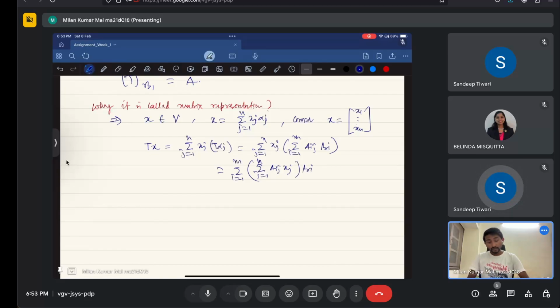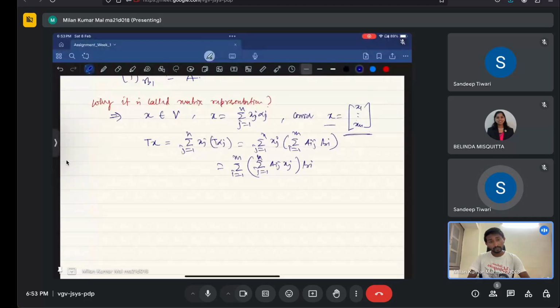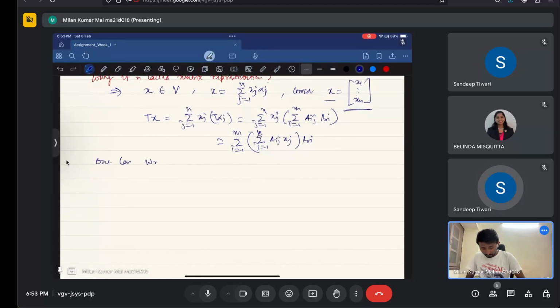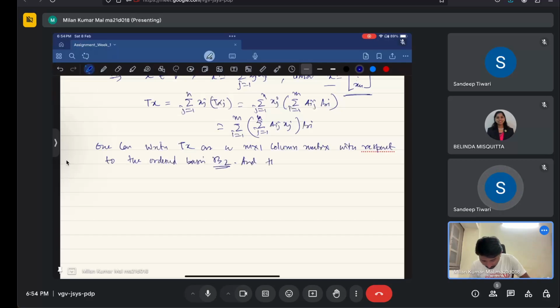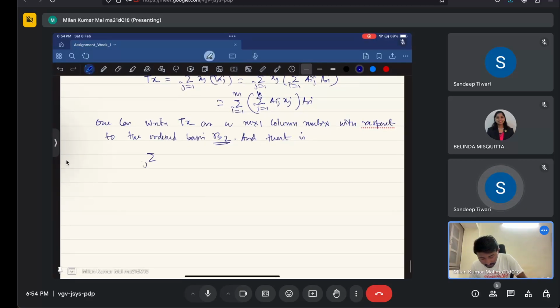So that means the way we have written x with respect to the ordered basis alpha 1 to alpha n as a column vector, one can now write T x as an m by 1 column matrix with respect to the ordered basis beta 2: the summation over j of a_1j x_j all the way to the summation over j of a_mj x_j.